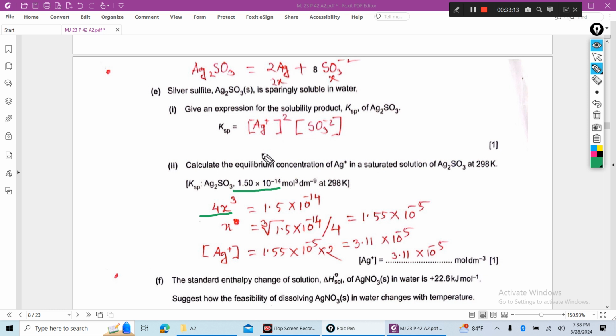If you write 2x squared, times x, that is 4x squared into x, so 4x cubed equals 1.50 times 10 to the power minus 14. If you solve it, you get the x value. The silver ion is 2x, double, so the concentration of silver ion is this times 2, 3.11 times 10 to the power minus 5 mole per dm cubed.